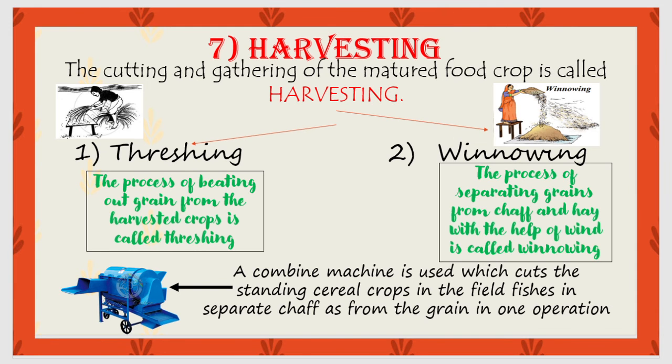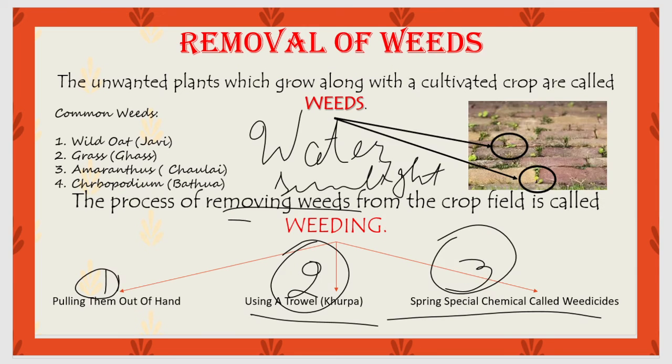First, pulling them out by hand is very hard because it is a hard working process. When we pull the weeds, they get uprooted from the field, and these uprooted weeds are then thrown away.